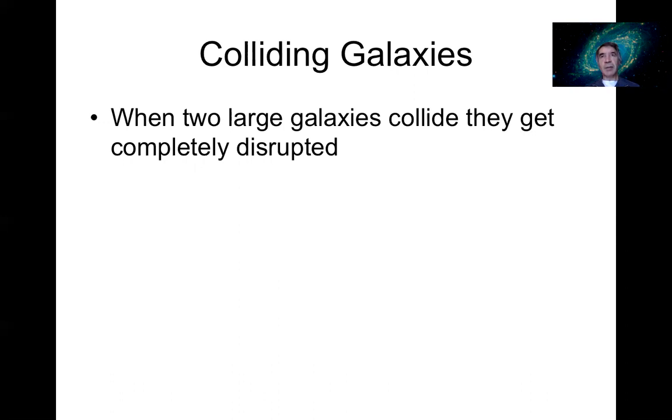A way to think about this is to think about the size of a galaxy compared to the separation between galaxies. We saw last time that the total scale of the Milky Way galaxy, which is very typical, is about 100 kiloparsecs.